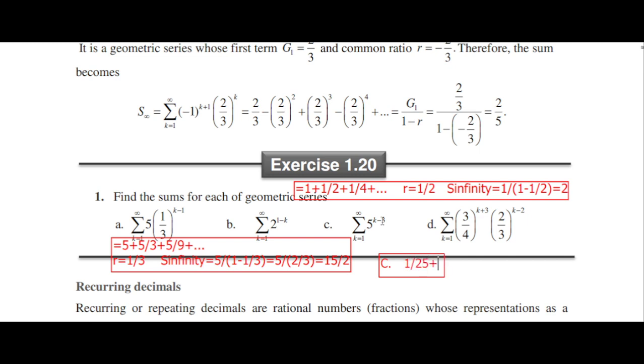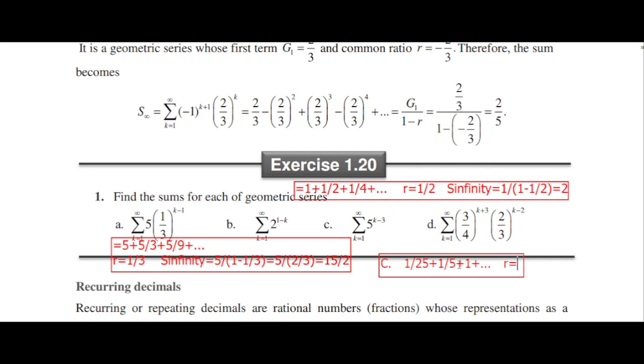Plus, for k is equal to 2, 2 minus 3 is minus 1, 5 to the power of minus 1 is 1 over 5. Plus, for k is equal to 3, 3 minus 3 is 0, 5 to the power of 0 is 1. Plus, and so on.